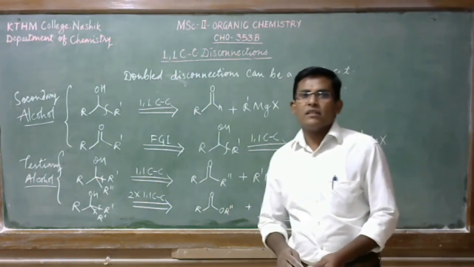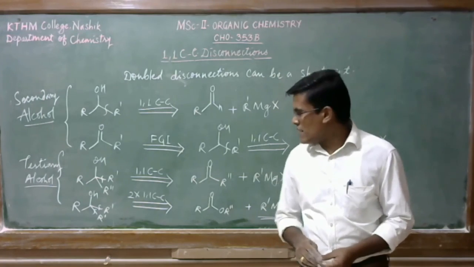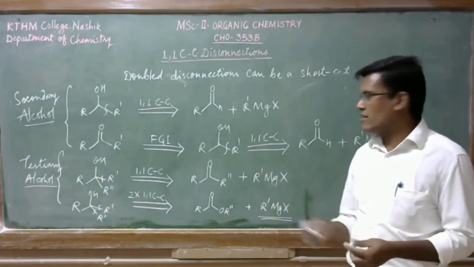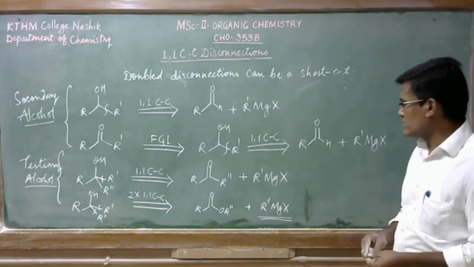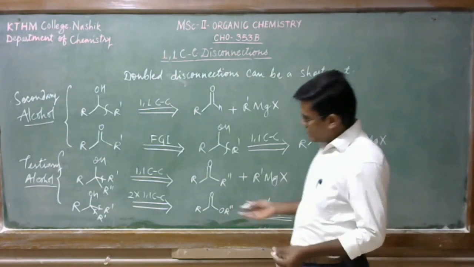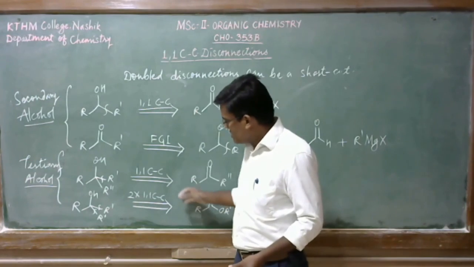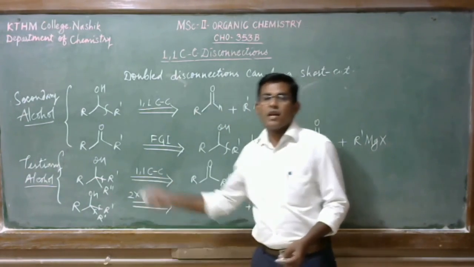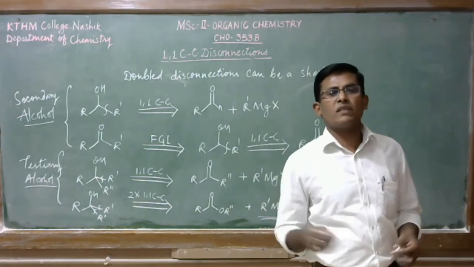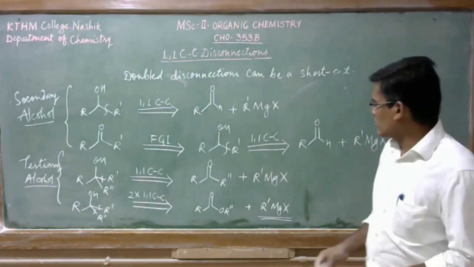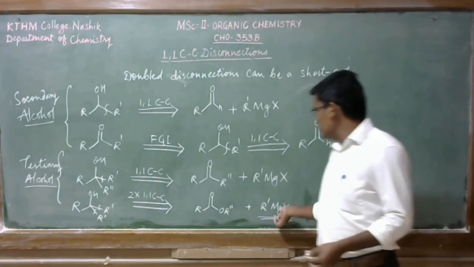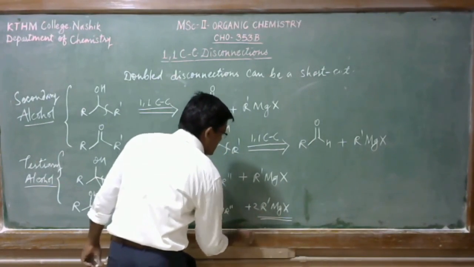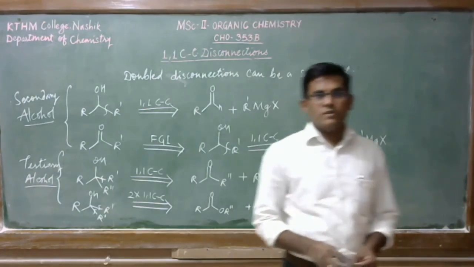On the other hand, if your tertiary alcohol has two similar alkyl or aryl groups, in such a substrate we can have a 1,1 carbon-carbon disconnection to get an ester and 2 moles of Grignard reagent.